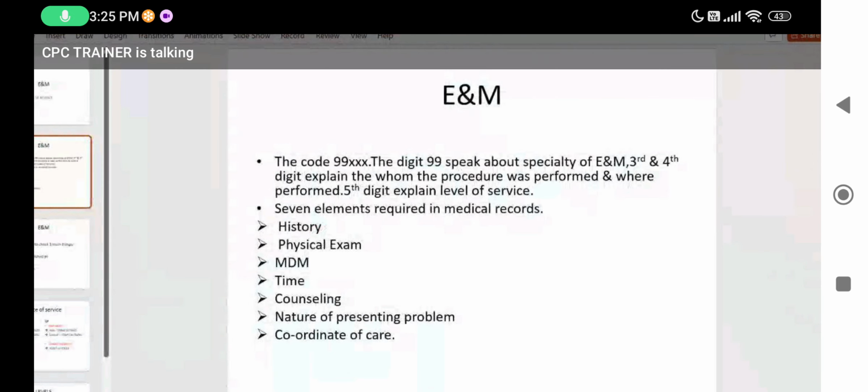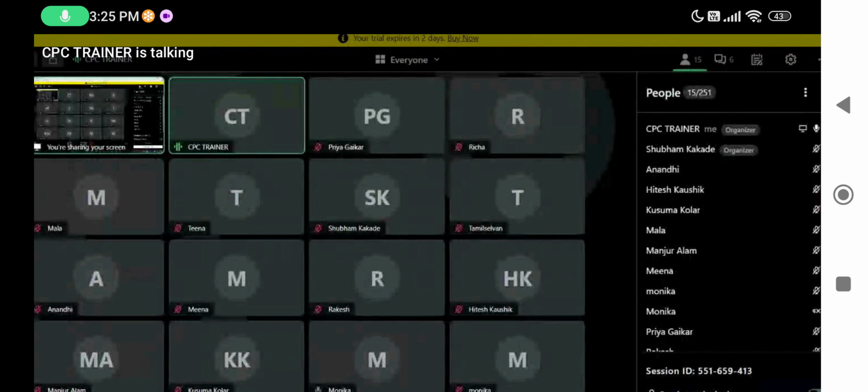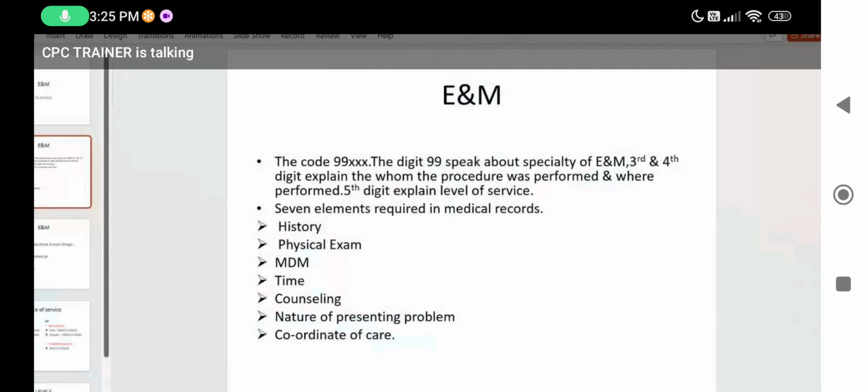Okay, guys, I hope you have completed. So the code is 99XXX. The double nine denotes the E&M specialty, the third and fourth digits explain who performed the procedure and where it was performed, and the fifth digit explains the level of service.